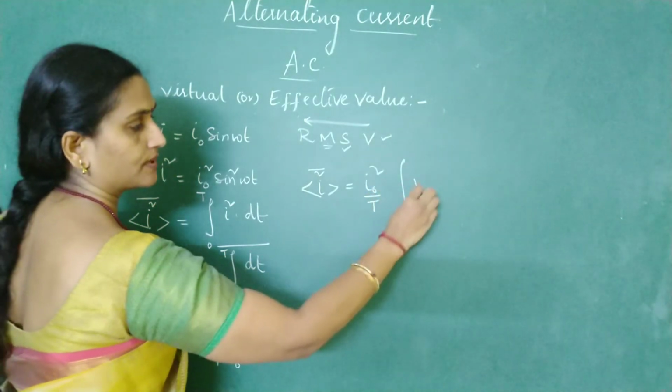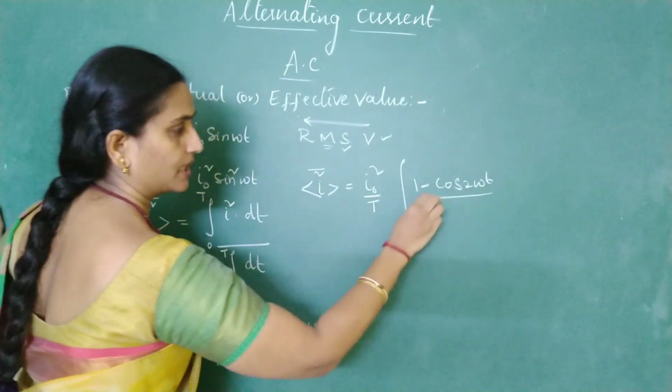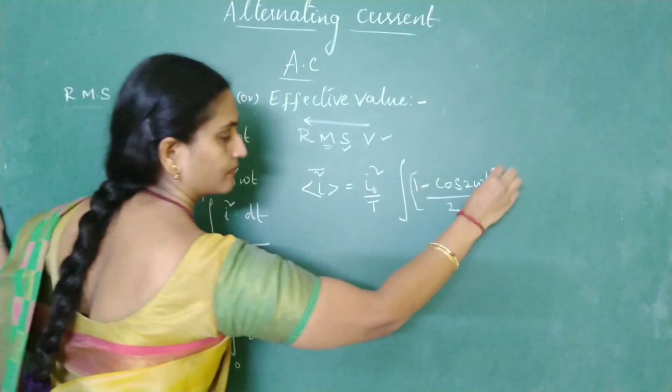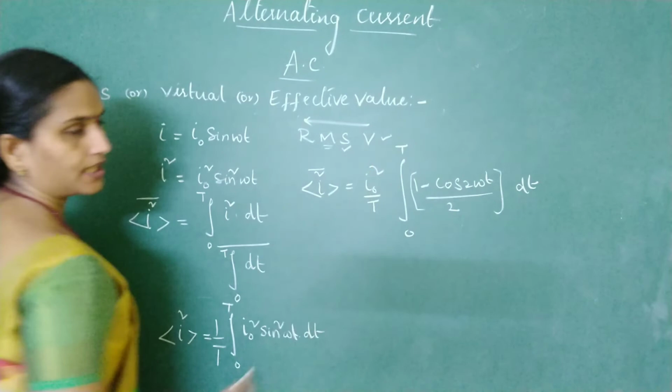Okay, integral of 1 minus cos 2 omega t by 2 into dt from 0 to capital T.